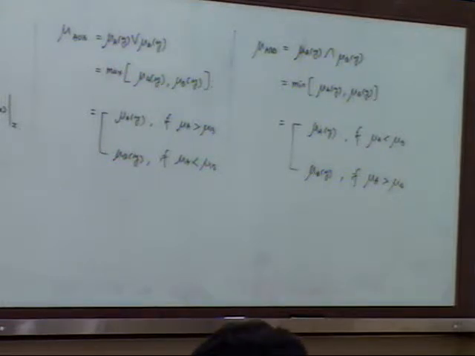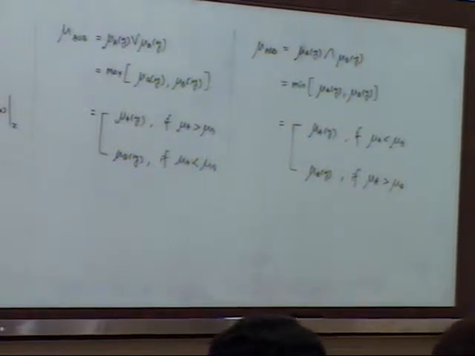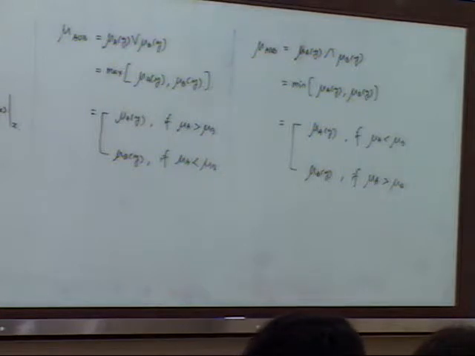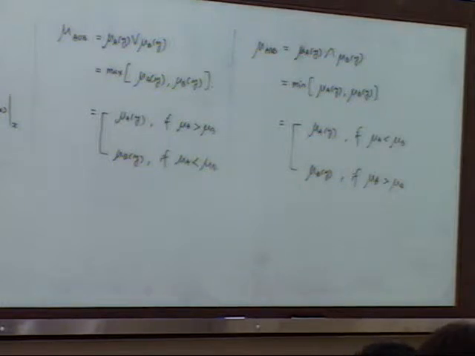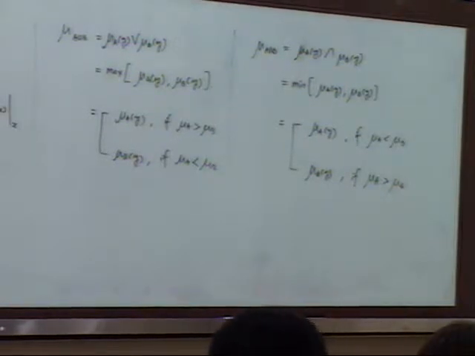So let's say this is mu sub A, this is mu sub B. Then the resulting function value is the maximum of the two.